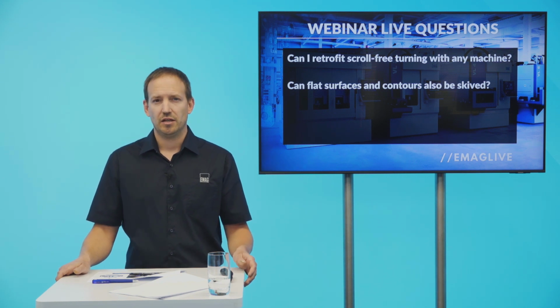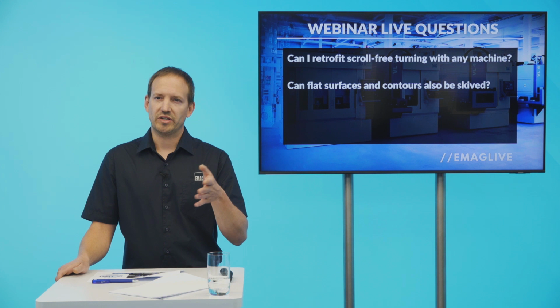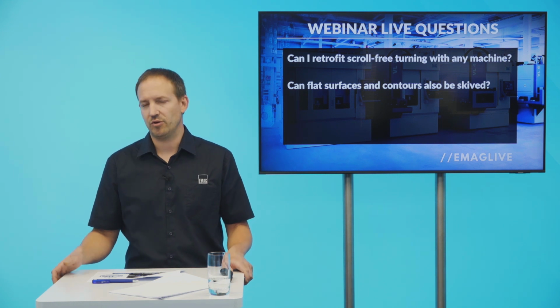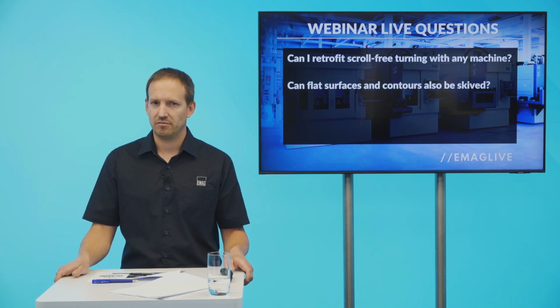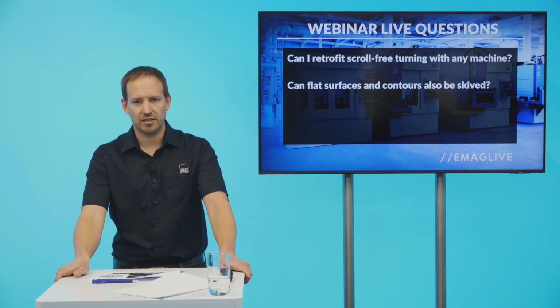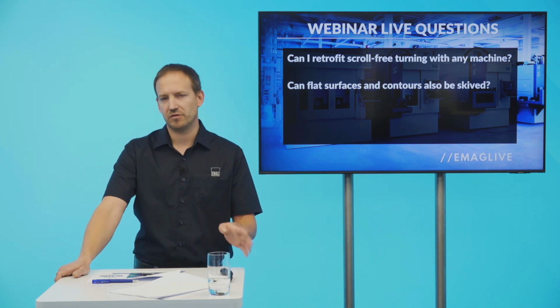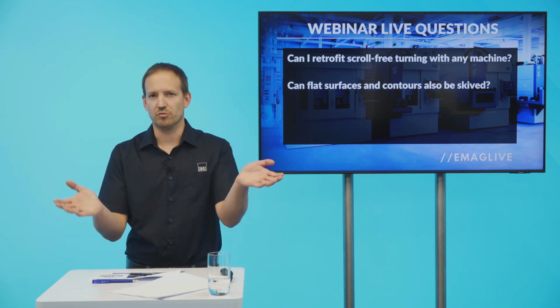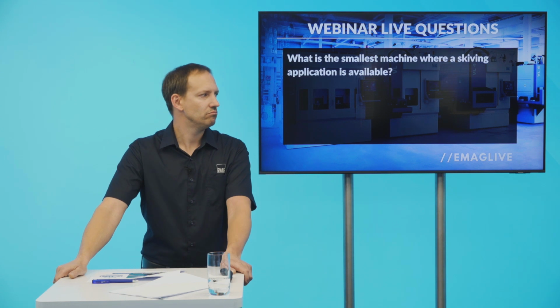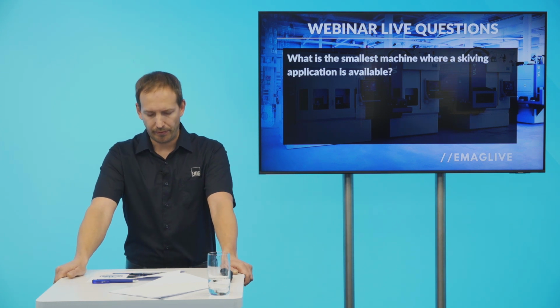If they are too strongly curved, sometimes you get collision between cutting insert and the workpiece. If they are only slightly curved, then it's possible. Yes, a cone is also possible. Okay, thank you.